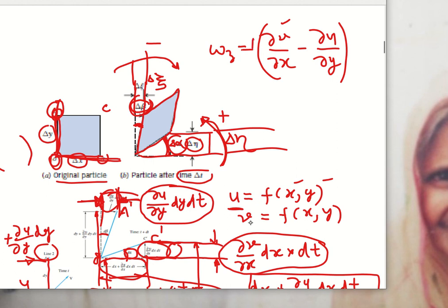So this term omega z is known as rotation, which is the average of the angle made by the x line and the angle made by the y line at that particular point.